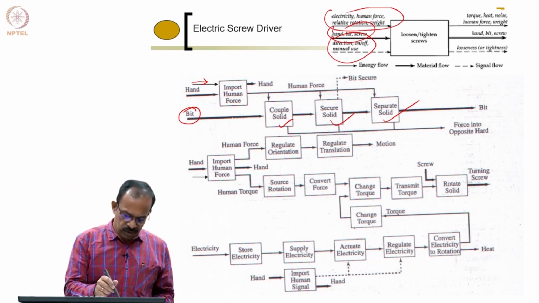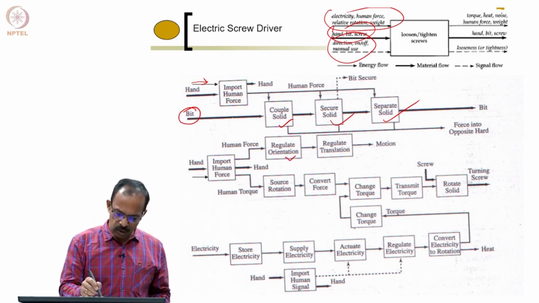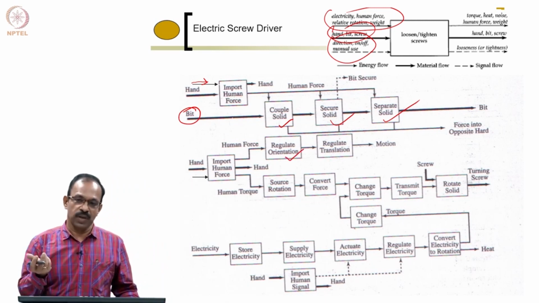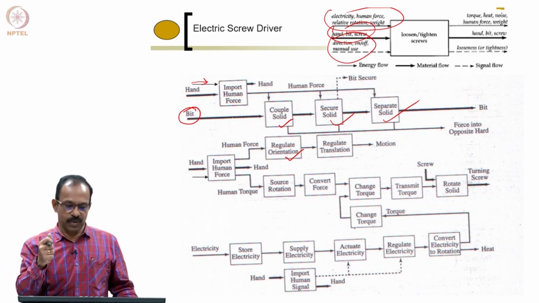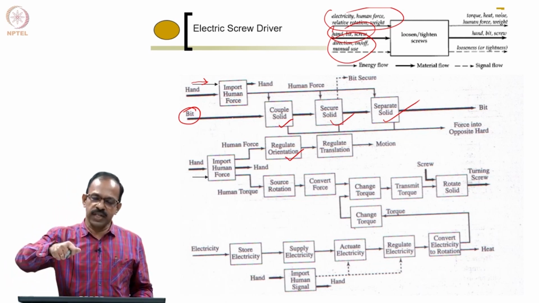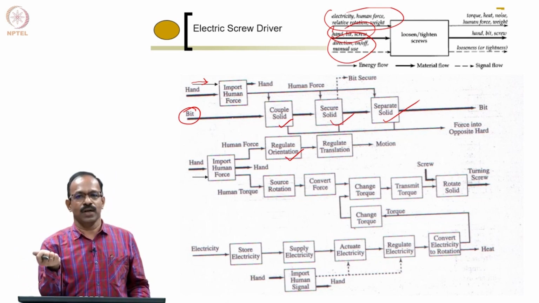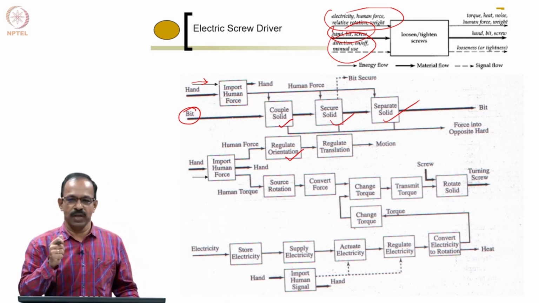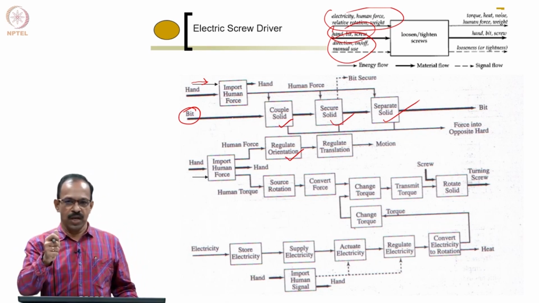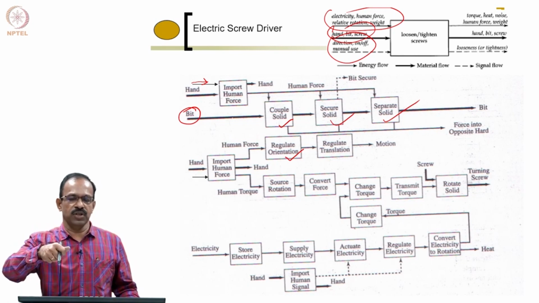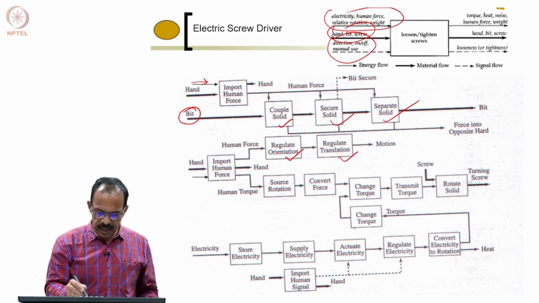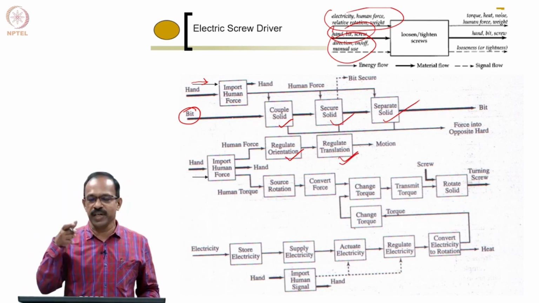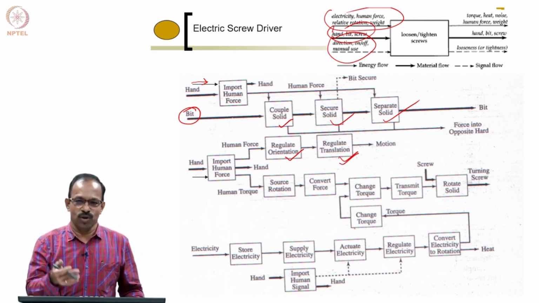Again we will be using the human force for regulating the orientation of the tool, because we are holding the screwdriver. We need to orient it as per the requirement of the operation, because we cannot always have the same orientation. We use our hand and the hand force to orient it, that is basically regulate orientation, and then regulate translation, because we need to move in and out in order to tighten or loosen the screw.